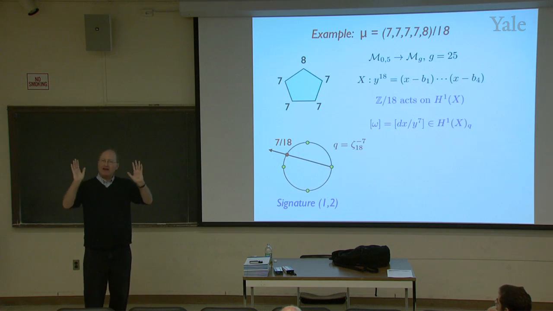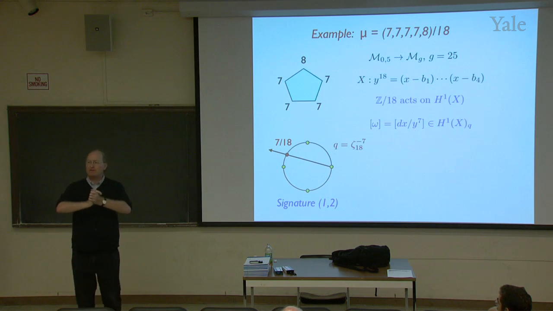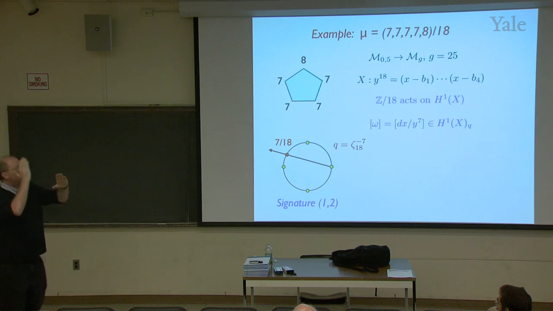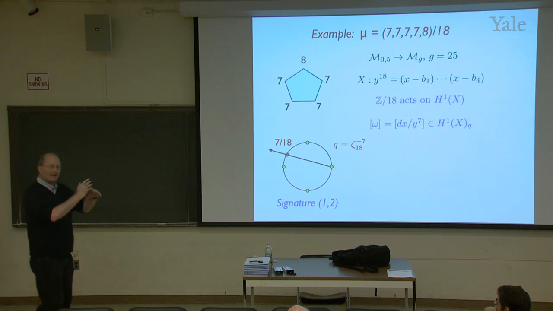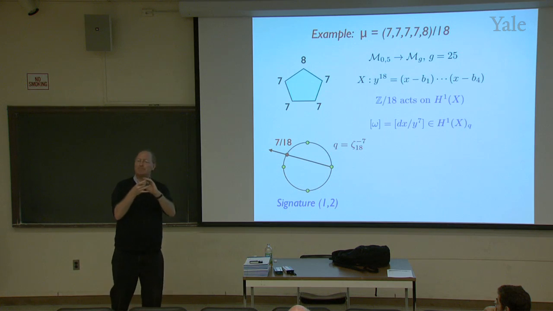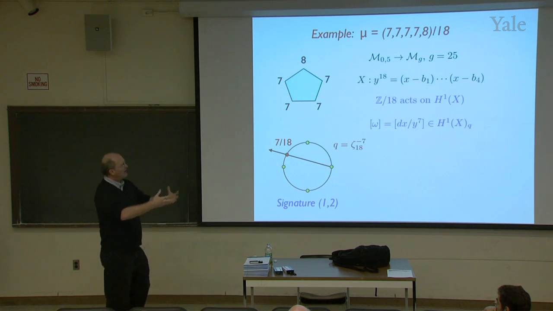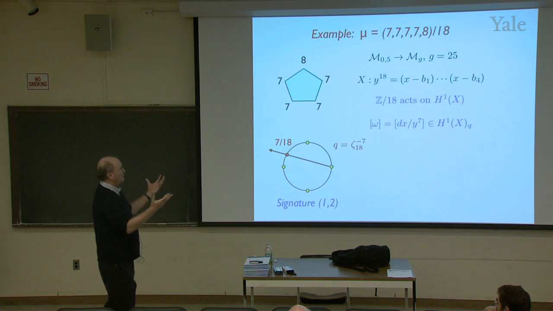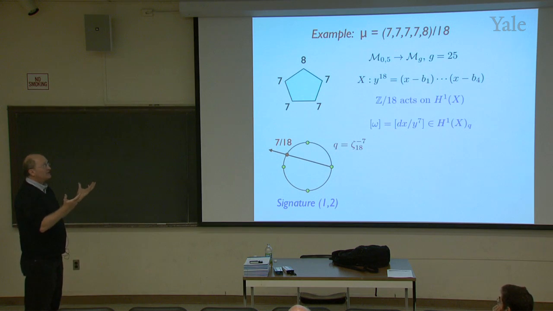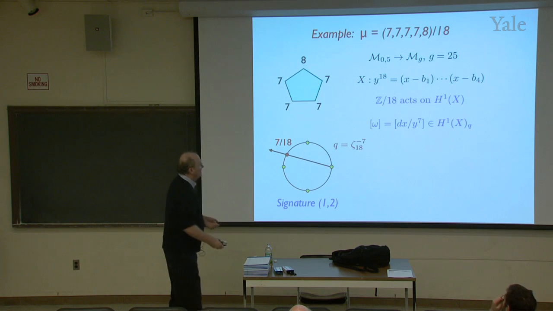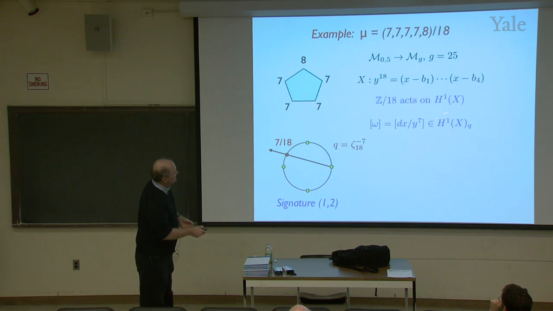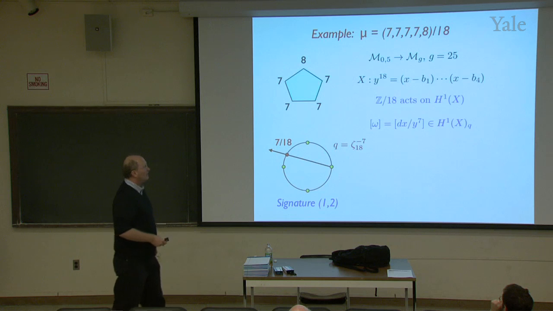When you have Z mod 18 acting on the homology of this Riemann surface, the Riemann surface has a canonical inner product on its homology, coming from intersections of curves, purely topological. That turns the complex homology into a Hermitian space of signature (g, g), where g is the genus of the curve. And this eigenspace is some piece of that, and it has its own Hermitian metric on it.